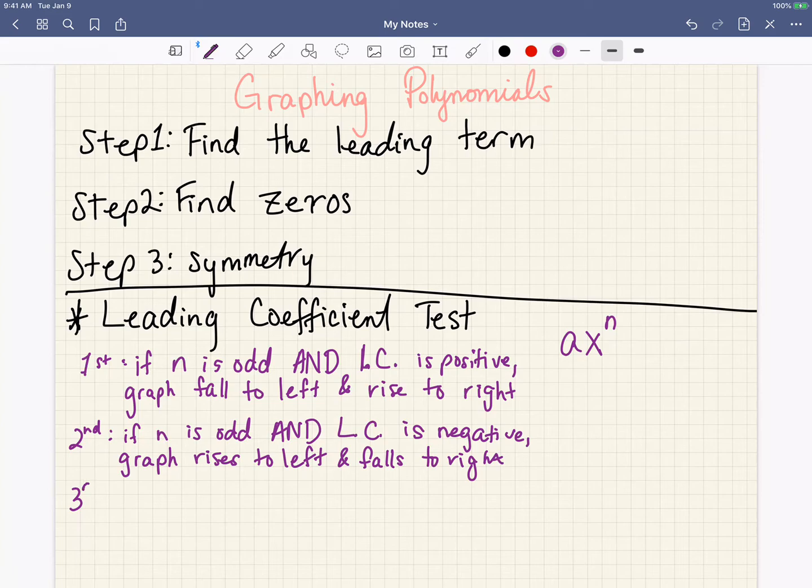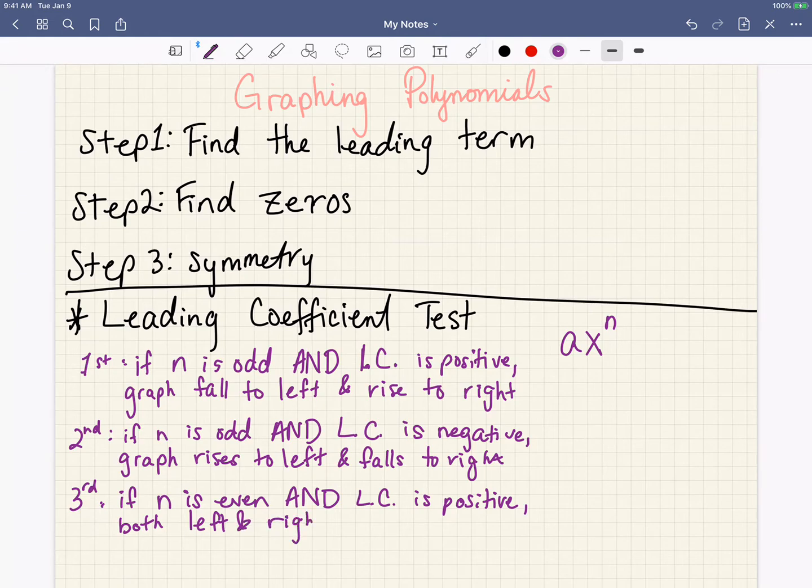So the third one is if the exponent is even and the leading coefficient is positive. In this case, both ends will rise. Both left and right rise.